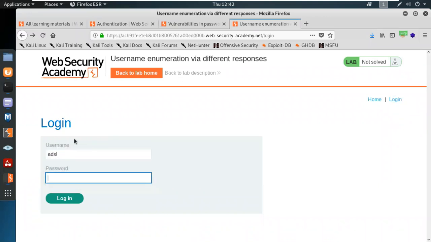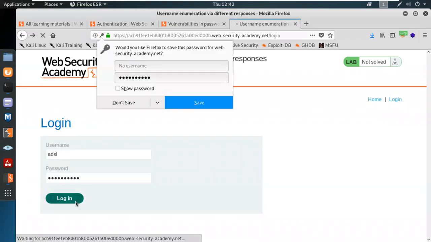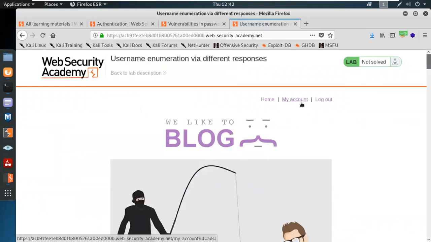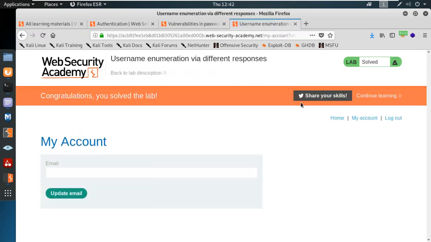ADSL and the password 123456789. And we are in. See.